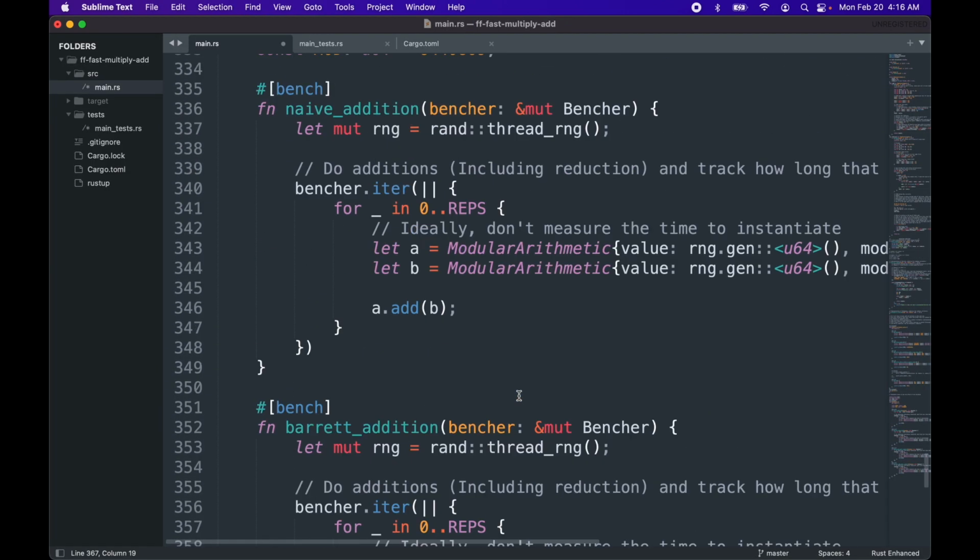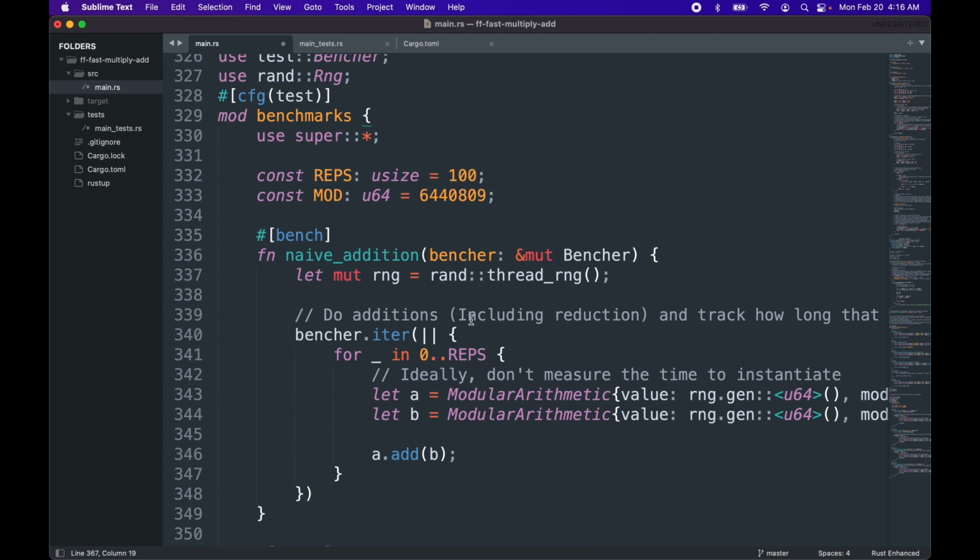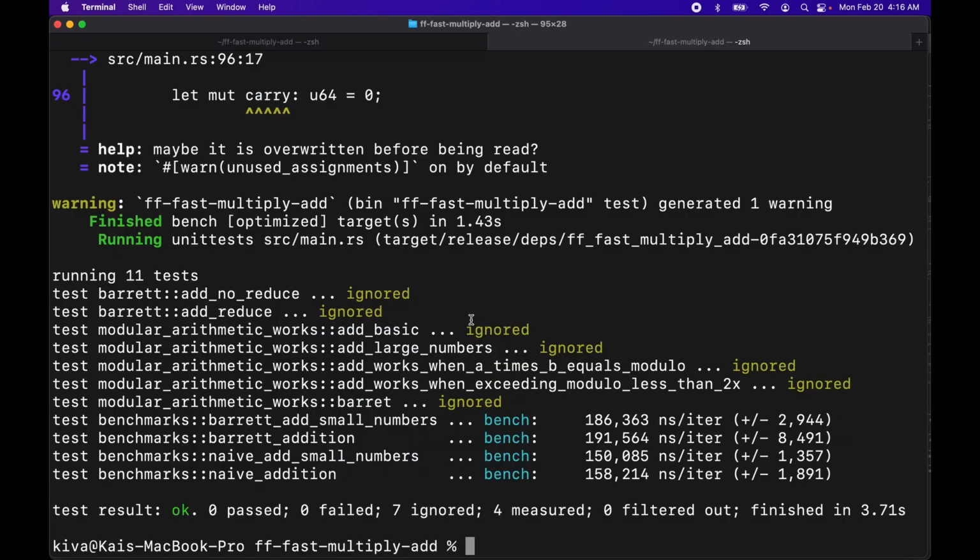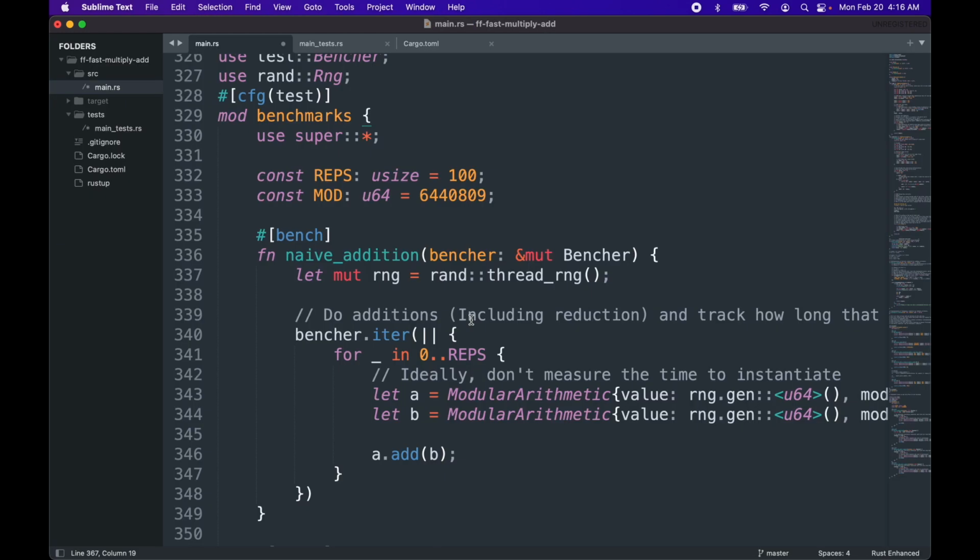What we set it up to do is 100 times do the following thing. Create these two numbers, add them together, and as a part of the add, it will reduce them down such that they are within 0 to their modulo.